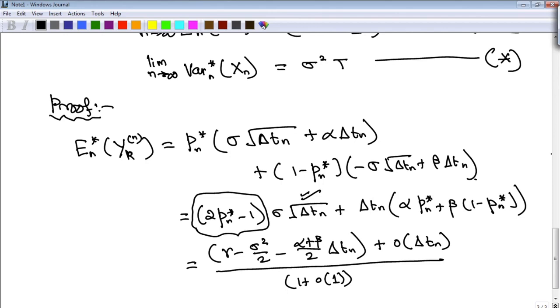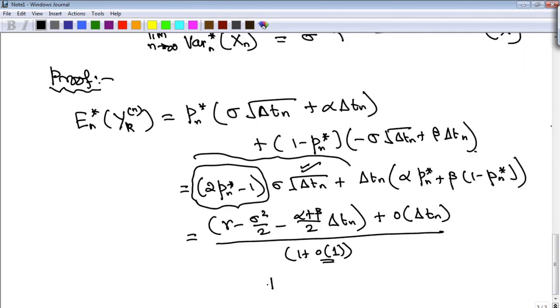Even delta Tn to the power of 0.0001 can go to 0 slightly faster than a constant. So anything which goes to 0 can be written like this as n tends to infinity. That takes care of this term. And this term again I will write as plus delta Tn into (alpha plus beta) by 2 plus order of 1.